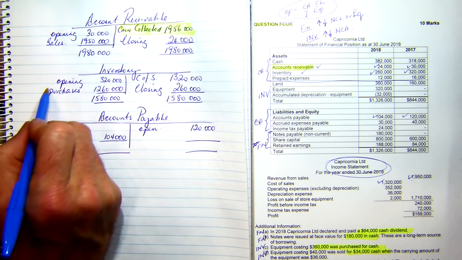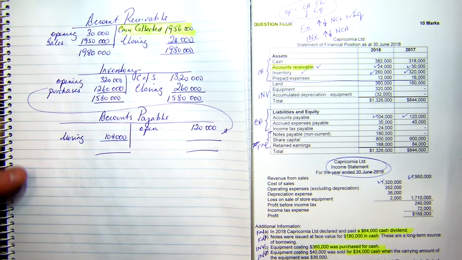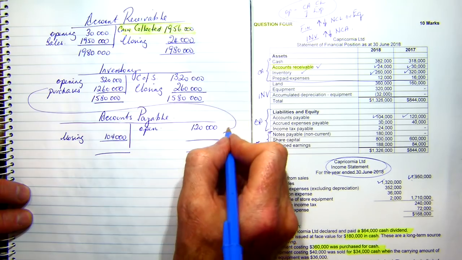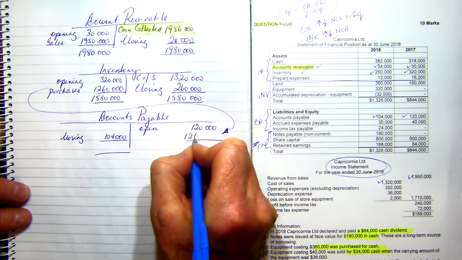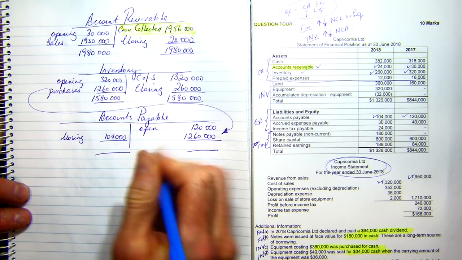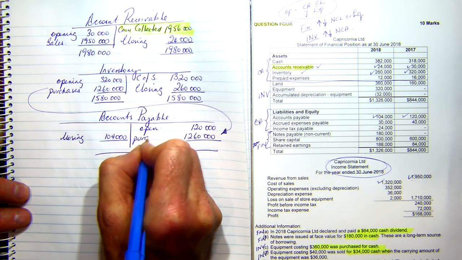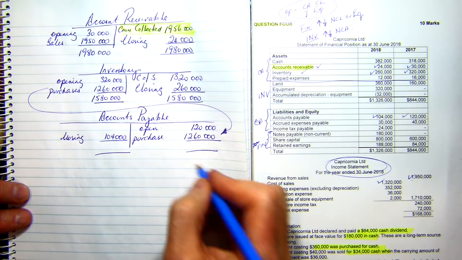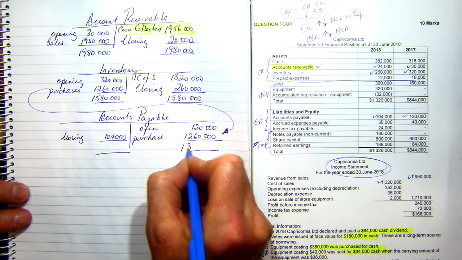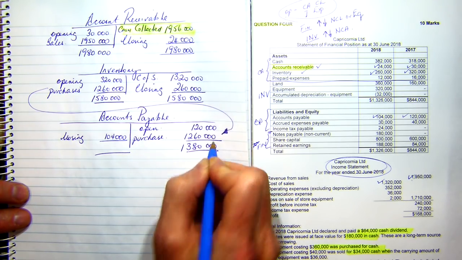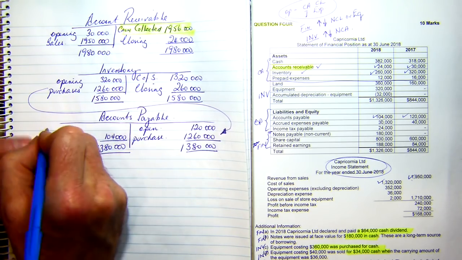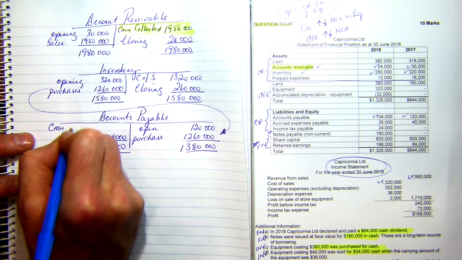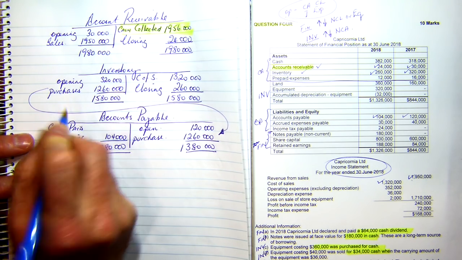Now I'm going to take that purchases figure and it becomes part of my accounts payable, because purchases will increase accounts payable and payments will decrease it. So 1380, and this is cash paid to my suppliers for inventory.